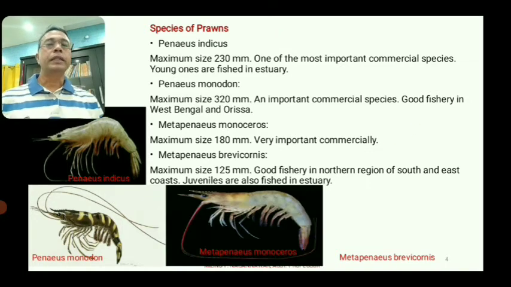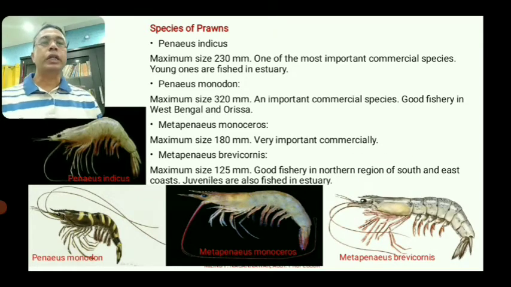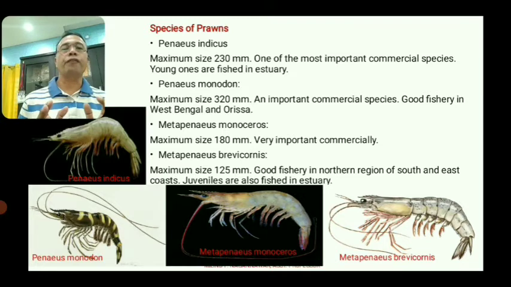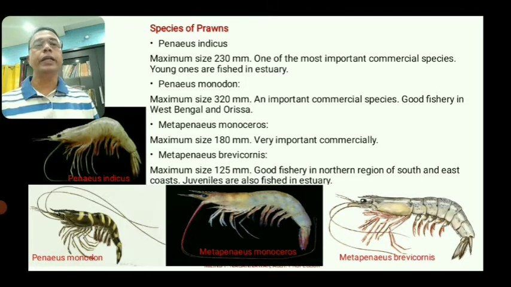Is it clear? Then Metapenaeus brevicornis. It grows to the size of 125 millimeters and shows a good fishery in the north region of south and east coasts. Juveniles are fished in the estuary.